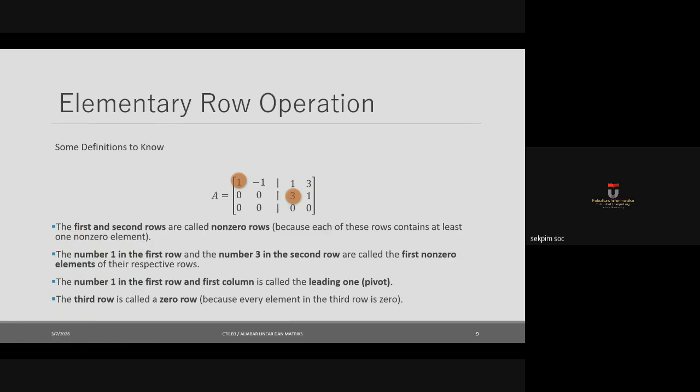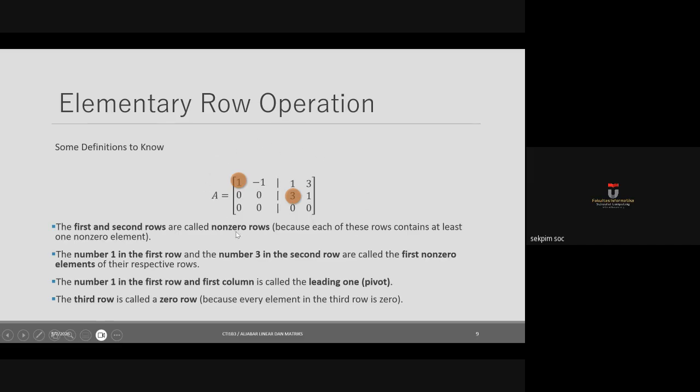Okay, so this is some definitions you need to know. Definitions are really important to communicate during concept explanation. The first one is this kind of form, called the extended form of the matrix.